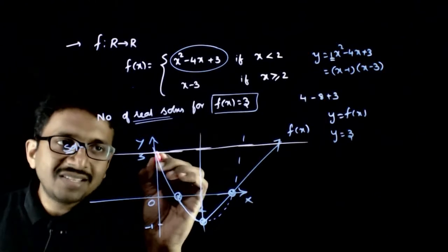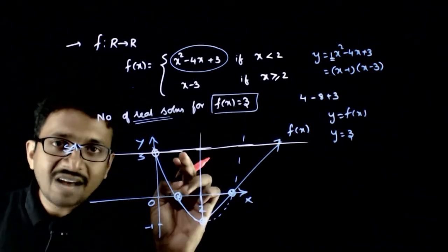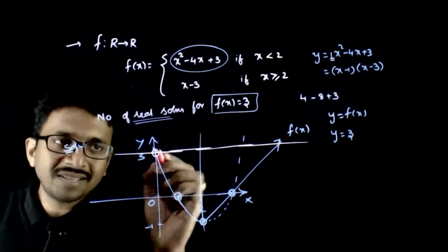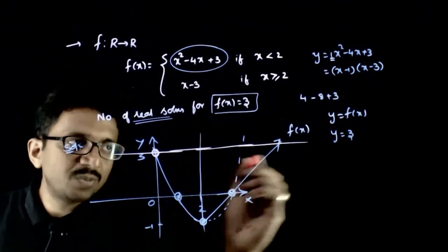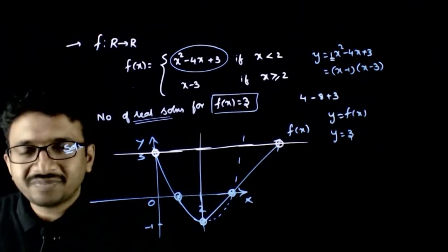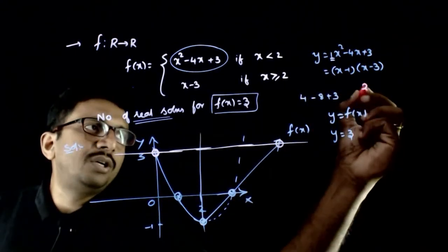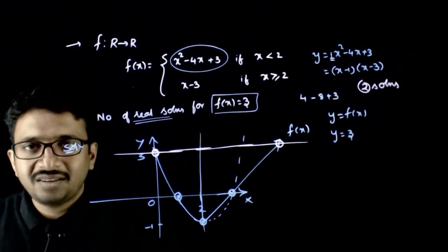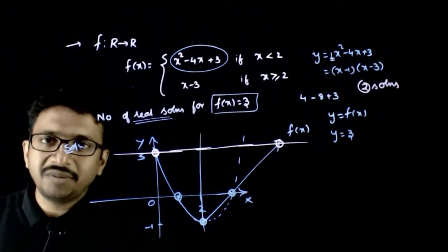You can very clearly see that the graph of y is equal to 3 and the graph of y is equal to f of x intersect once at this point and this point. So you have two real solutions to this equation f of x is equal to 3.